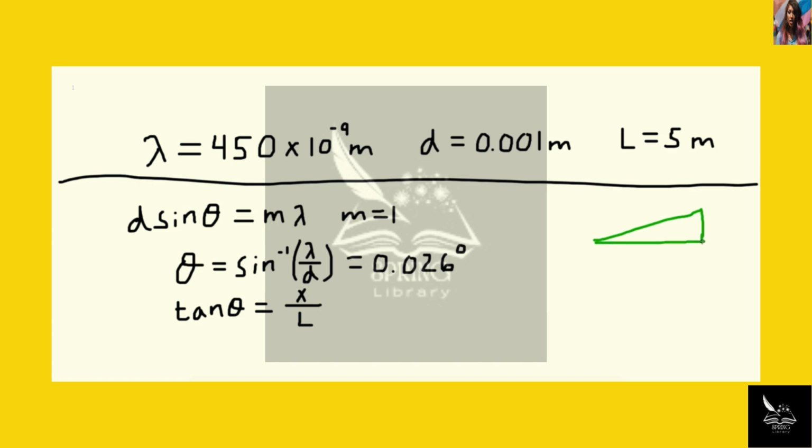Essentially, we have this length L, we have this x, and here is theta. So that's where the tangent comes from.